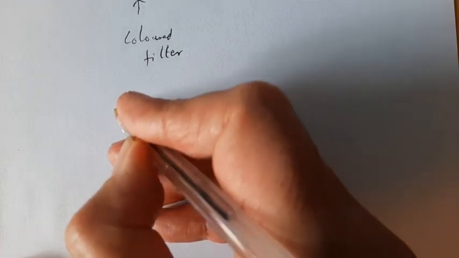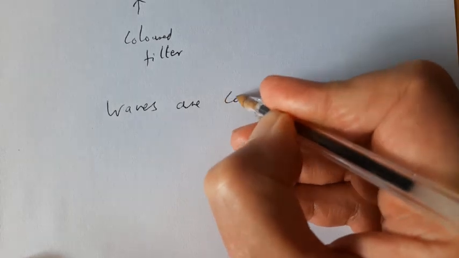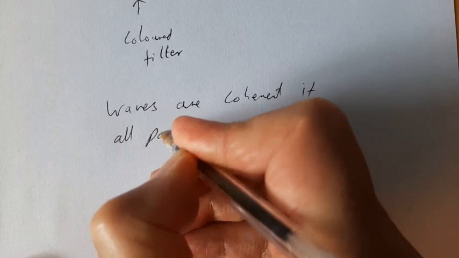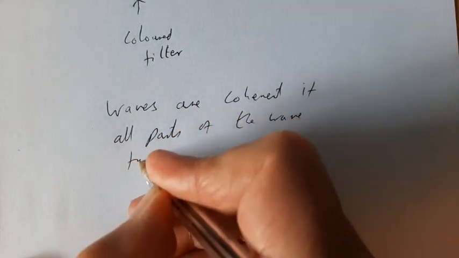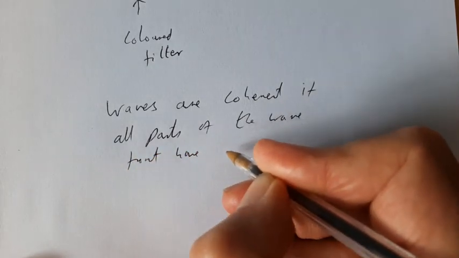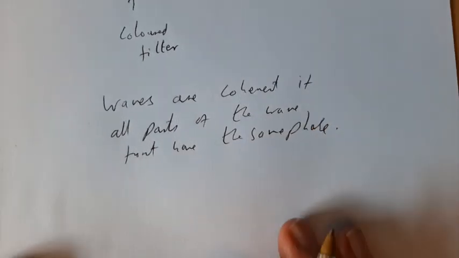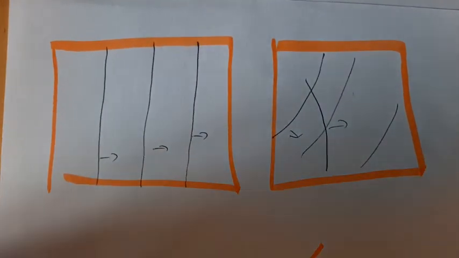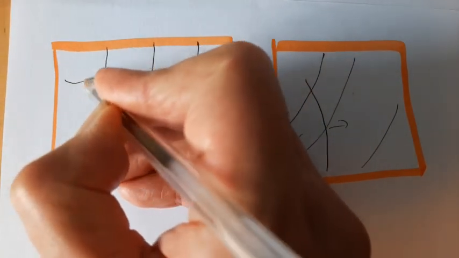So the wordy definition is: waves are coherent if all parts of the wave front have the same phase, which is wording you might need to reproduce. It doesn't intuitively ring with me. If we go back to this diagram here, I can sort of explain it. So we've got to imagine that behind here are the waves.